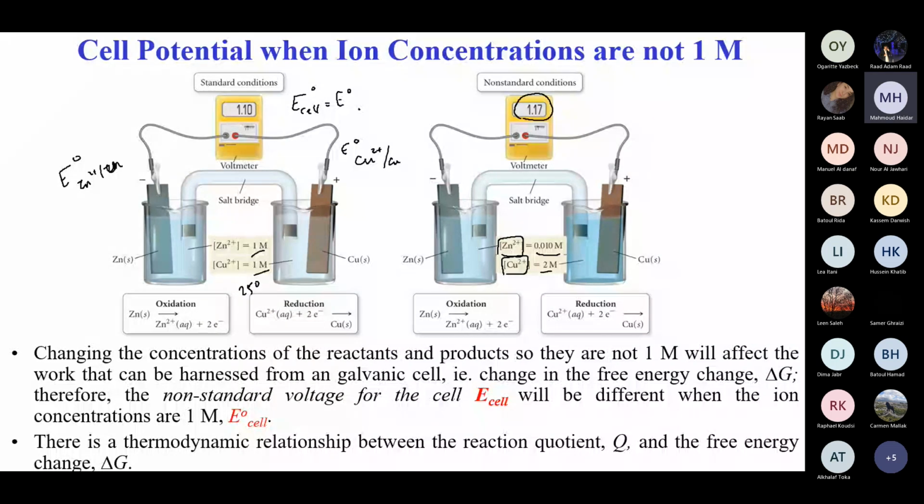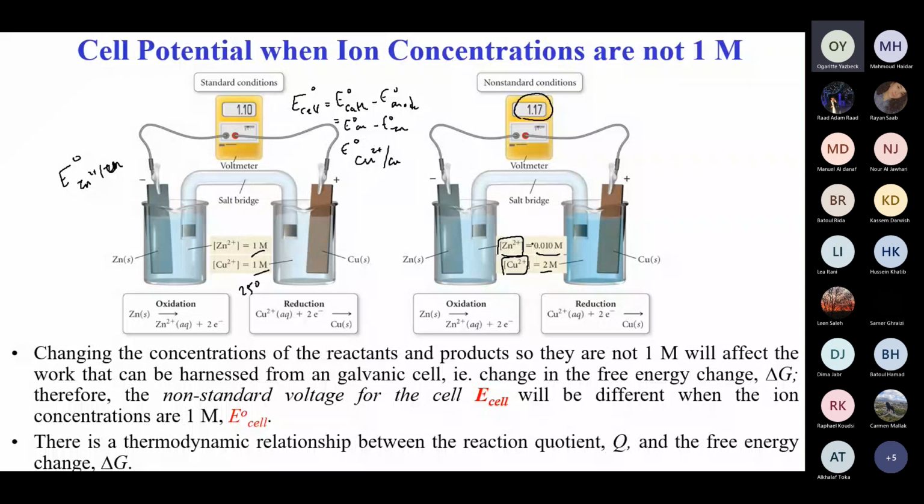E naught cathode minus E naught anode, that is, E naught of the copper cell minus the E naught of the zinc cell. Clear? We have E naughts for copper and zinc, so I could easily do the calculation, and usually the calculation fits directly the experimental E naught of the cell.